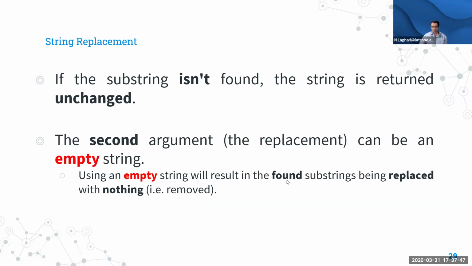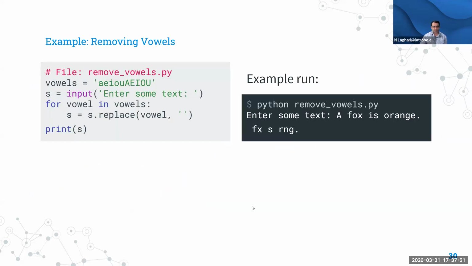And sometimes you want to replace your string with an empty string. For instance, if you want to reduce the spaces or something, you can use that technique. Here is one example. We say vowels and S is input.